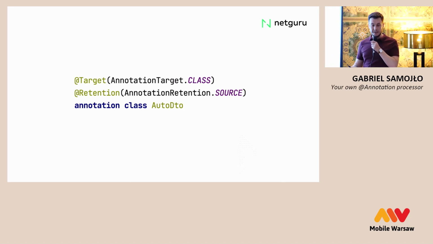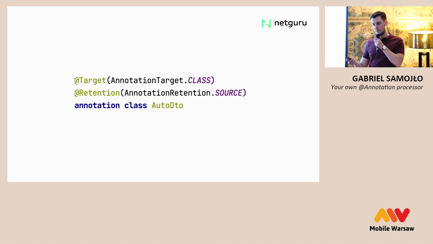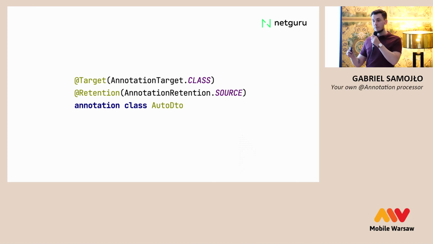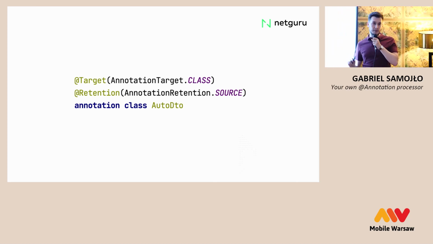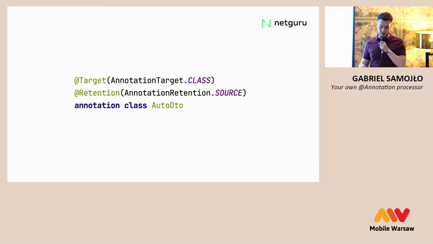The second one is binary. As you may know, it will be stored in the binary, but it won't be visible via reflection. Reflection is another way of processing annotations. So having it set to binary, we won't be able to process them that way, but it will be visible in the binary.